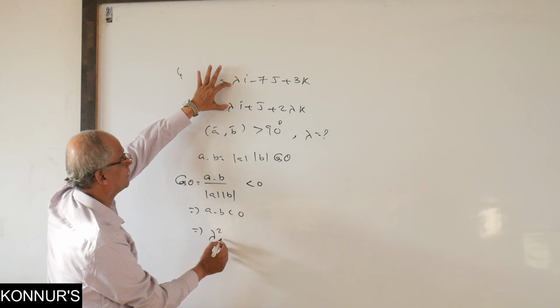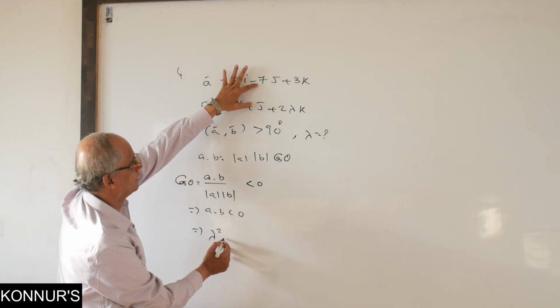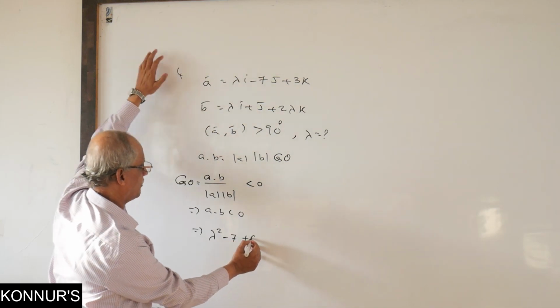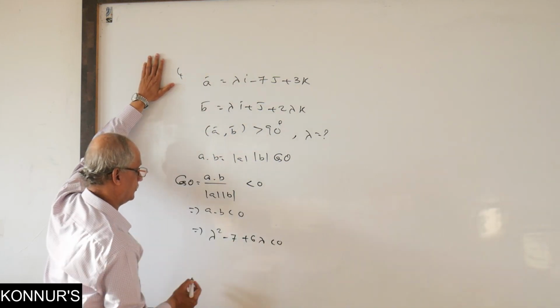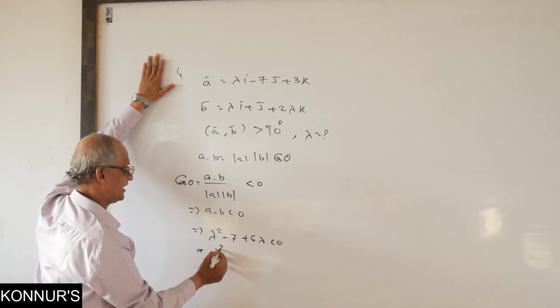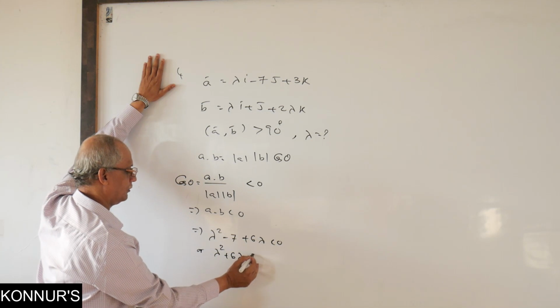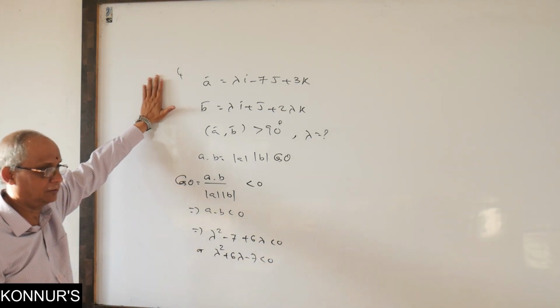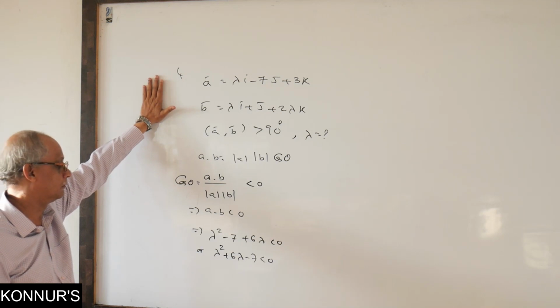Lambda square minus 7, 6 lambda negative. Make it in the order of a quadratic inequality. We know well how to solve inequalities because of the linear programming chapter.